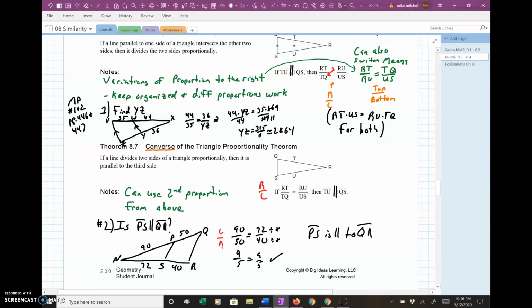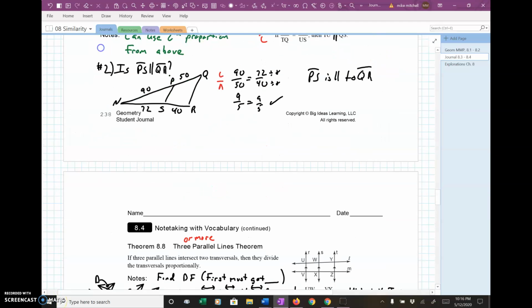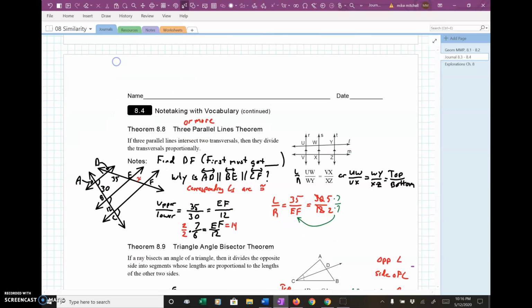I could have done upper to lower, lower to upper, right to left. All those options work. I get 90 over 50 equals 72 over 40. 90 over 50 clearly reduces to 9/5. 72 over 40, divide both by 8 and get 9/5. PS is parallel to QI. I read through those rules pretty quick, so take a closer look at them and read them a little bit.